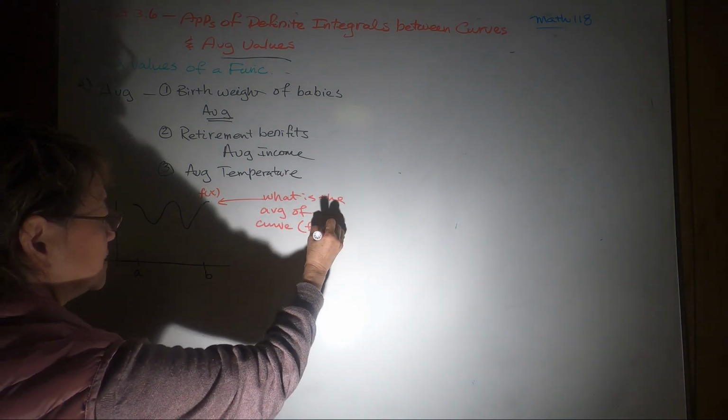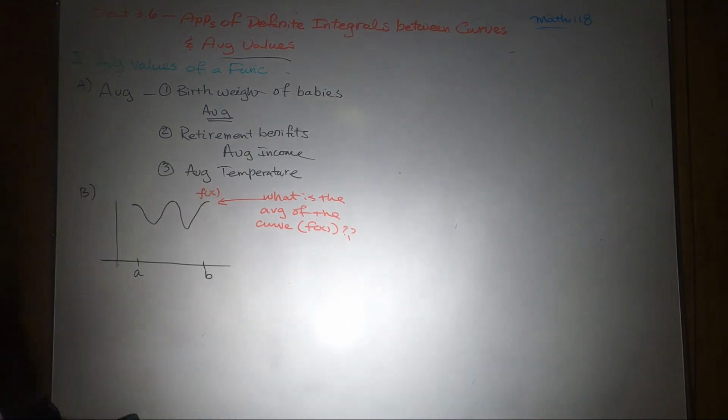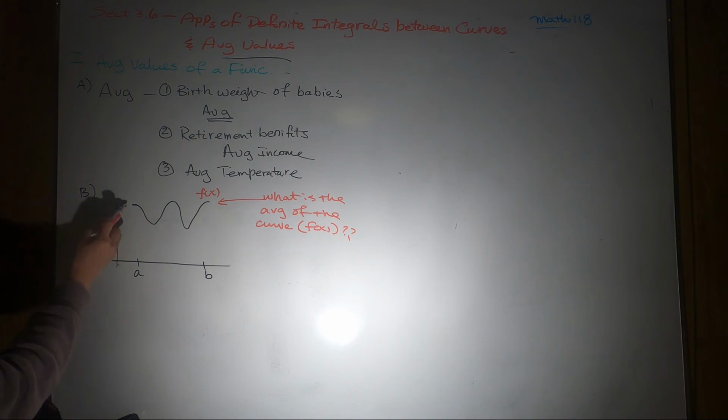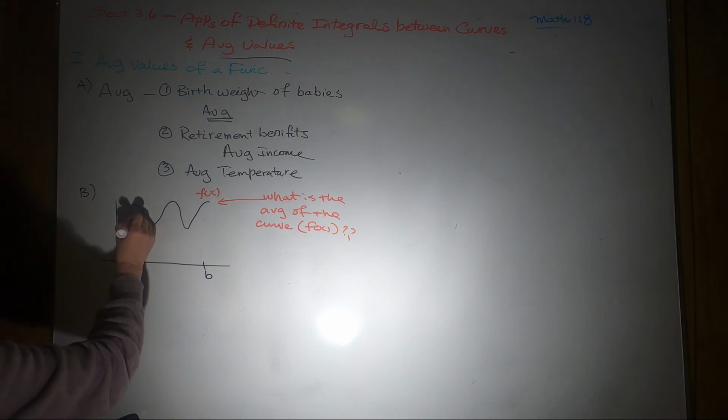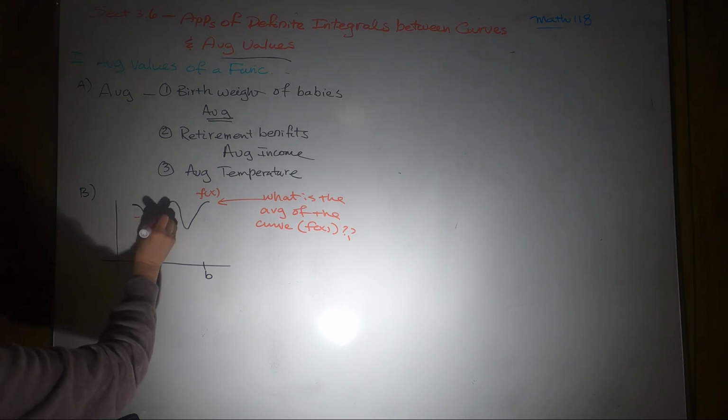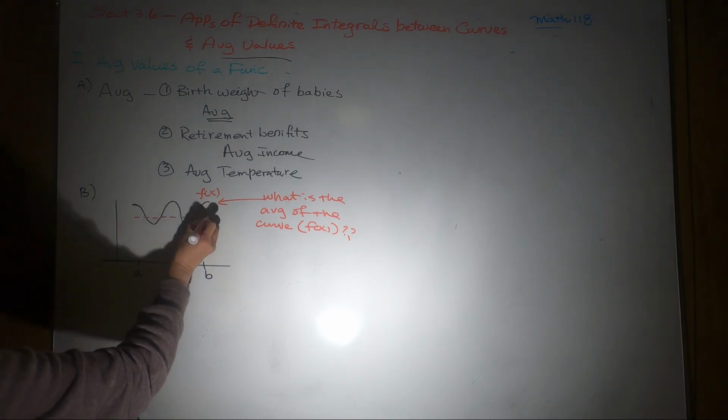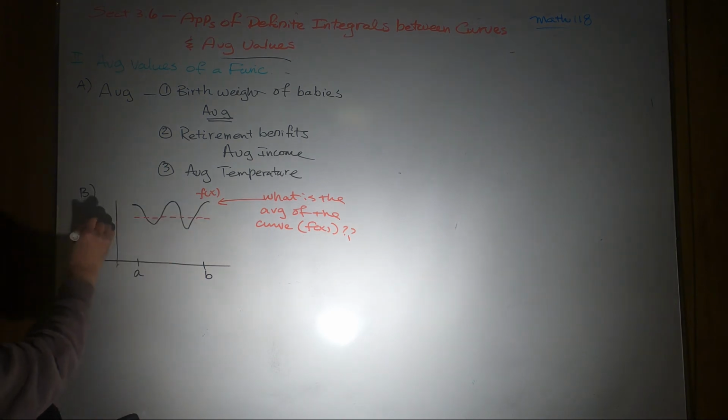That means the function. You know, like temperature sometimes goes up, sometimes down, right? Like this. Then what's my average? Say the average is around here. That's my average, that's my number, right? I want to find this number.